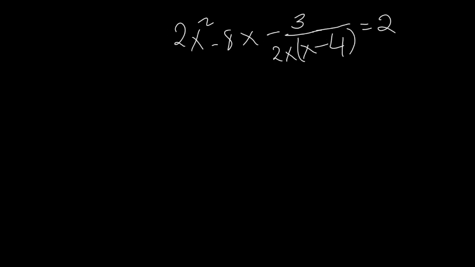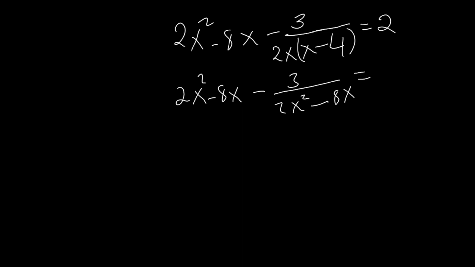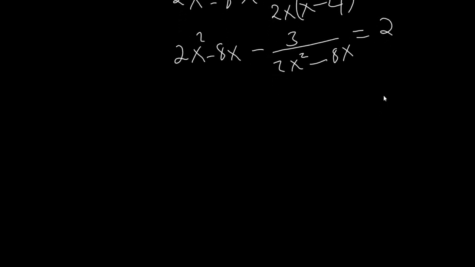We write down minus 3, the numerator 2x times x, we receive 2x squared minus 2x times 4, that is 8x, is equal to 2. The tricky part was just here, for us not to use the K method and struggle, but fortunately we saw that.